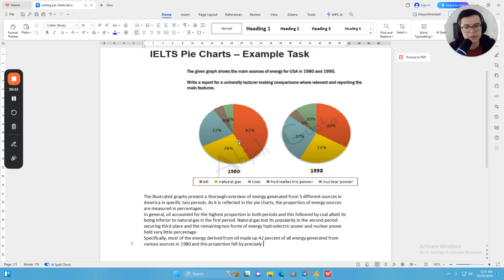So we have to deduct 33% from 42%. So it equals, yes, precisely 9%.